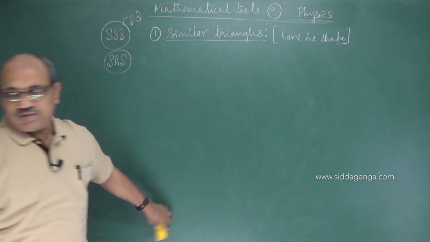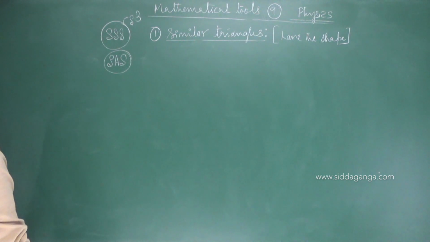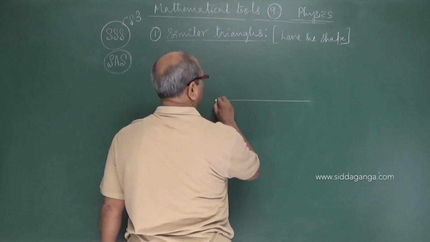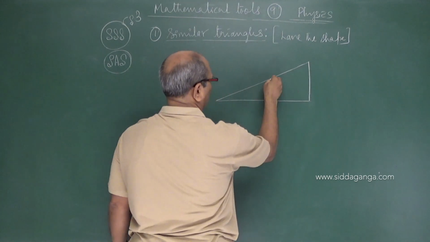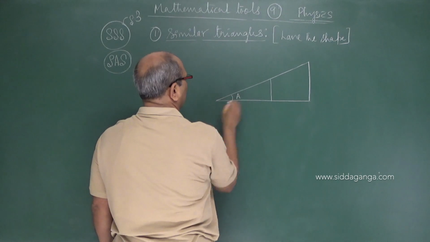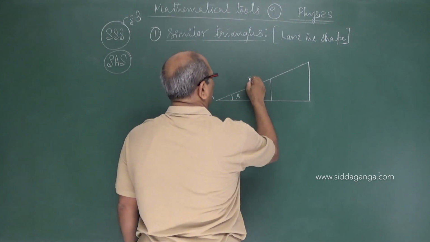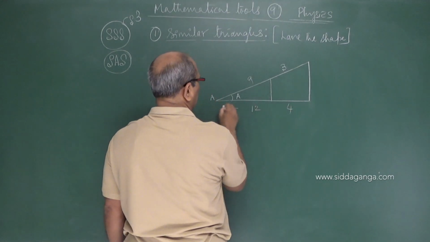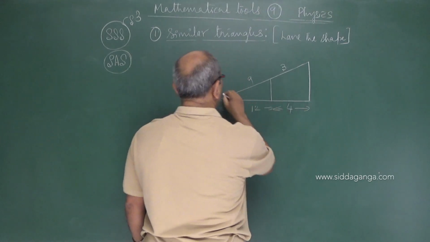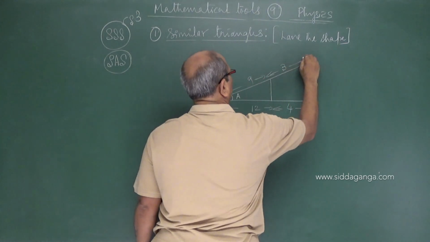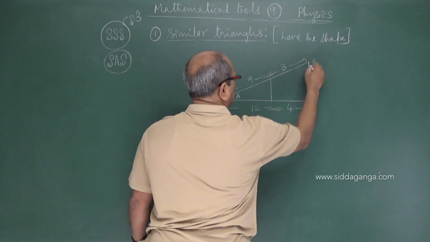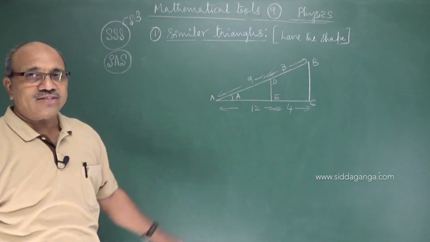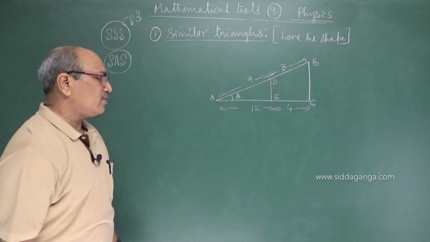And now coming to the other one. For the SAS property, let us consider this. This is the angle A. Nine and 3, 12 and 4 for reference. This length is 12, this length is 4, this is 9 and this is 3. A, B, C and D, E. It seems to be a single triangle, but there are two triangles I have taken.